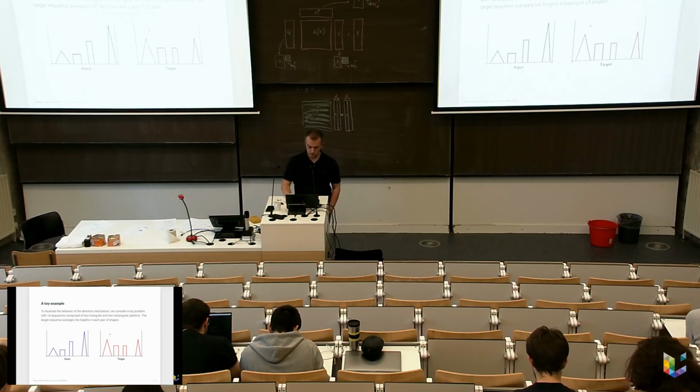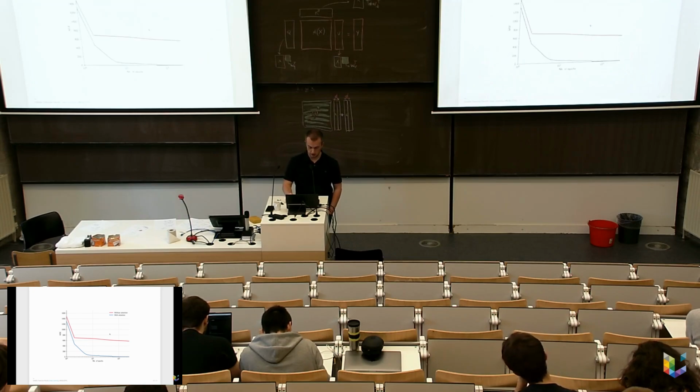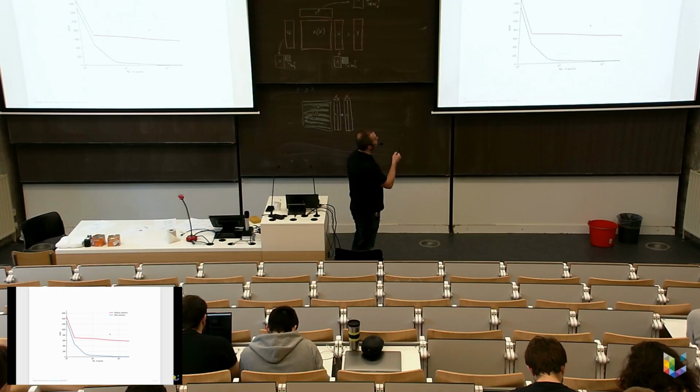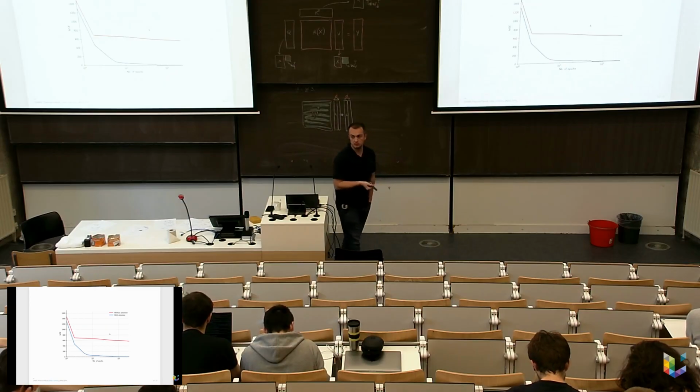So if you do that with regular layers first, and then with a self-attention layer, we'll see that one approach works very well. If you do it with these attention layers, then you can basically solve the task.